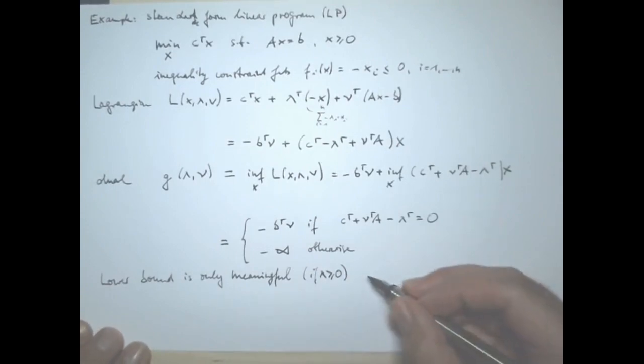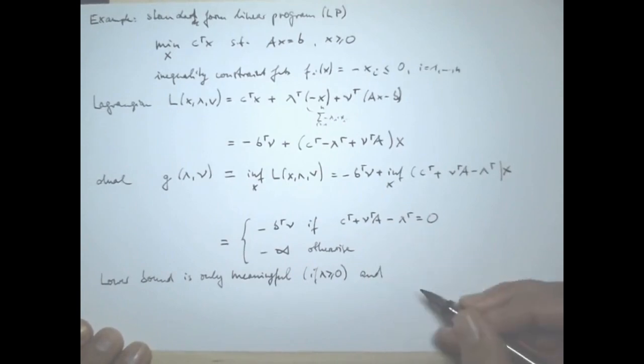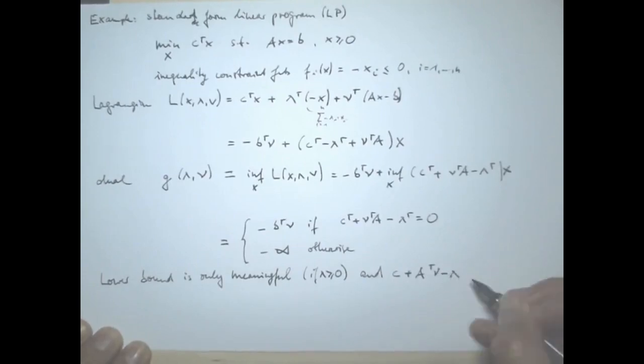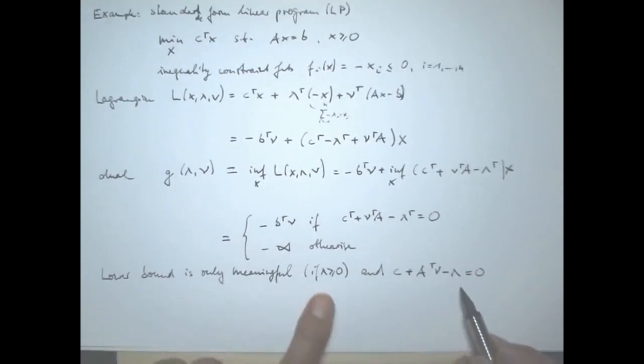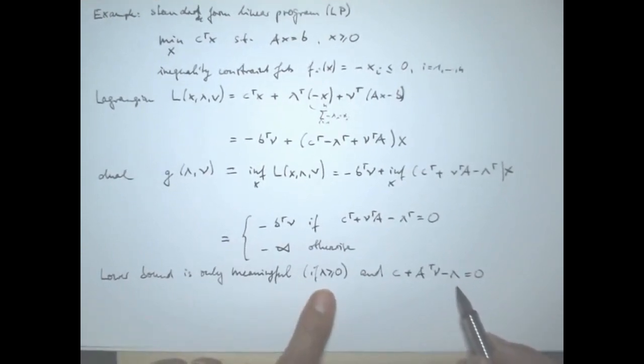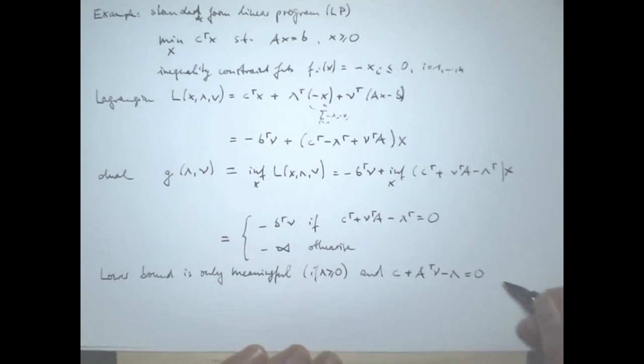And here in addition I want C plus A transpose nu minus lambda to be 0. Or, knowing that lambda should be larger than or equal to 0, I can also rewrite this as C plus A transpose nu should be larger than or equal to 0.